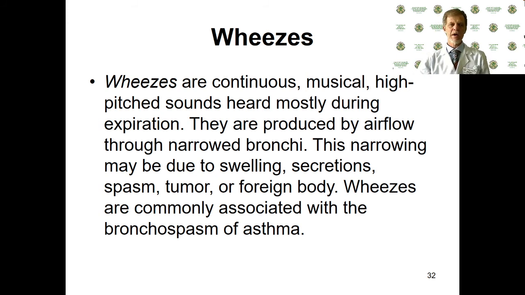Dry rails or rhonchi. This is the result also of presence of sputum in bronchi, but this is usually very solid sputum, I may say, solid sputum. And this solid sputum can create different narrowings in bronchi. When air passes through narrowing of bronchi, the same may be caused by bronchospasm. Bronchospasm also causes narrowing of bronchi.